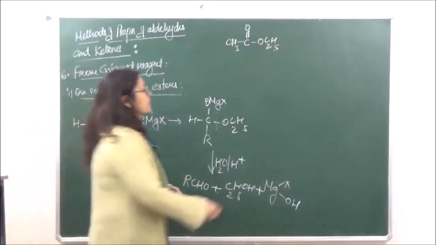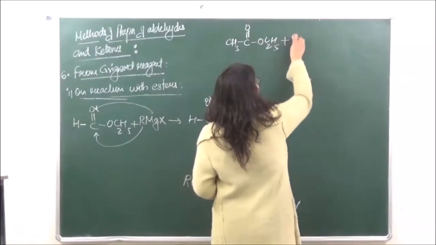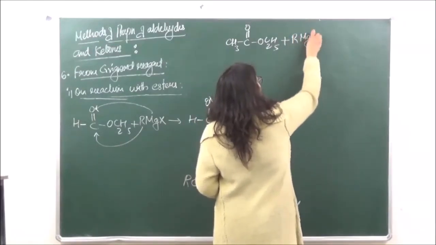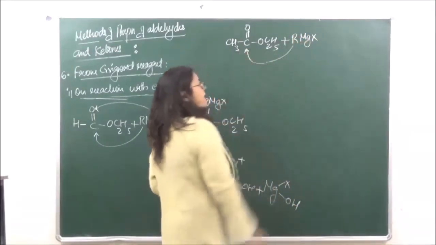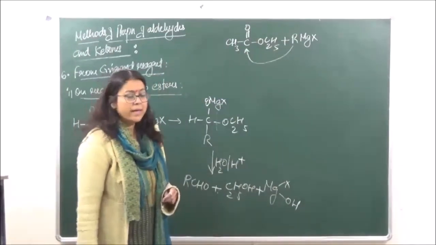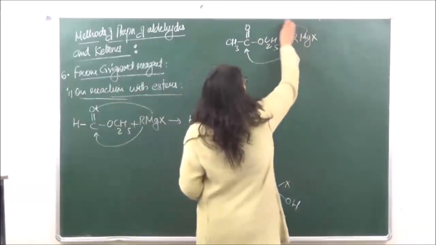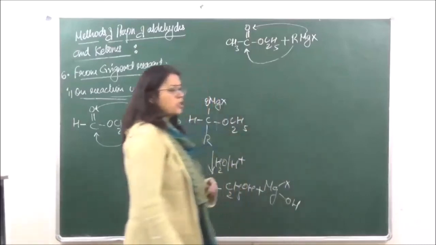right, and with this the Grignard reagent attacks. Same mechanism, R will attack at the carbon atom, MgX will attack at the oxygen atom.